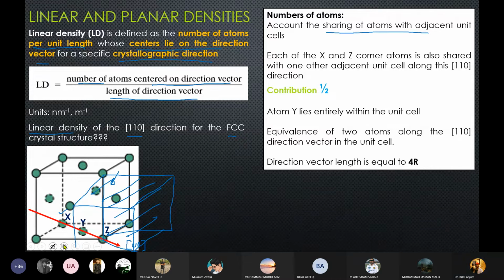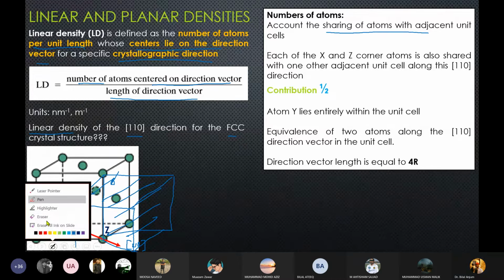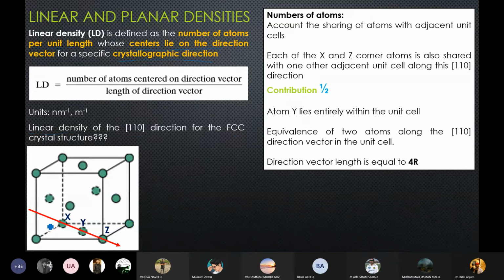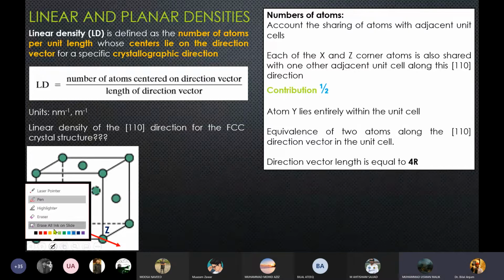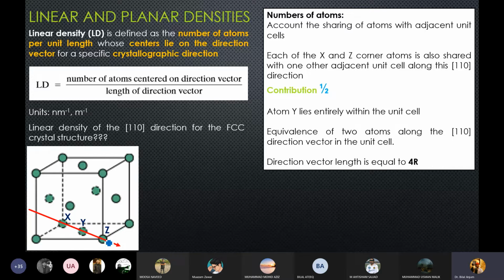Clear enough? Yes, sir. Similarly, this Z atom or X atom is shared by an adjacent unit cell along this direction. So if I have this direction over here, another unit cell would be over here.